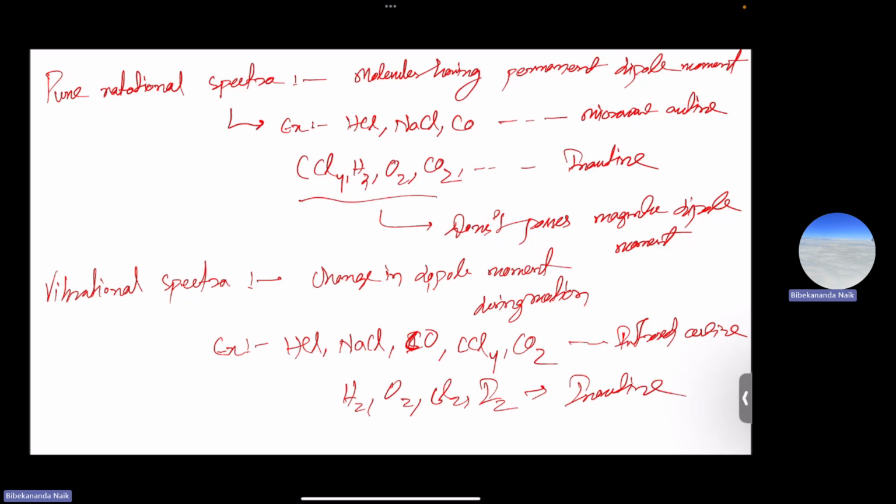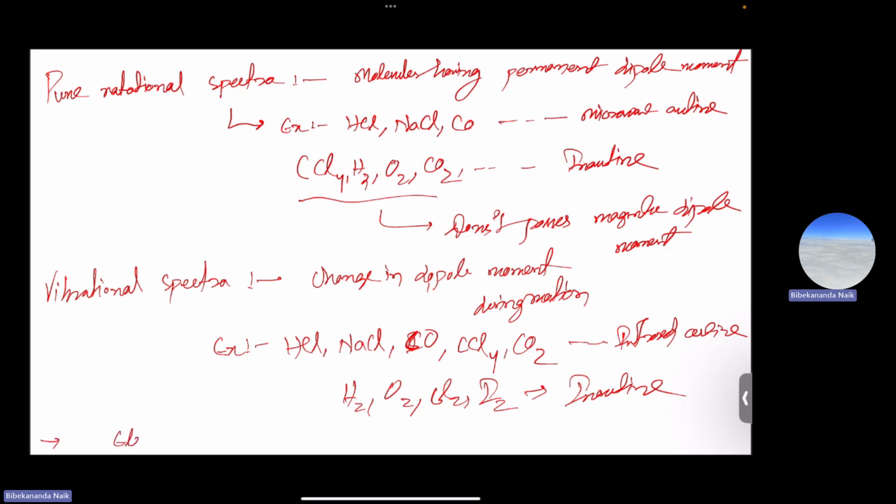So here you can see there are a few molecules that don't possess rotational spectra, but they show vibrational spectra. For example, CCl4, CO2, because they don't have any permanent dipole moment. However, during motion there is a change in dipole moment.